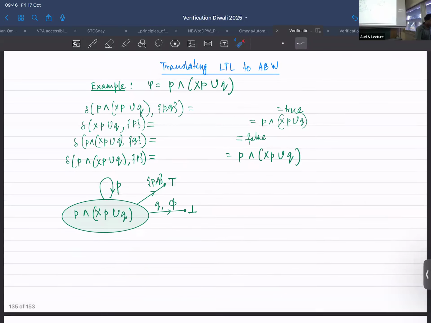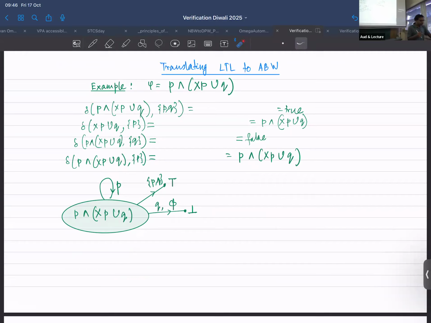Okay, so maybe let's just quickly do this for this particular formula. Can you now tell me, if the formula is this, P and XP until Q?